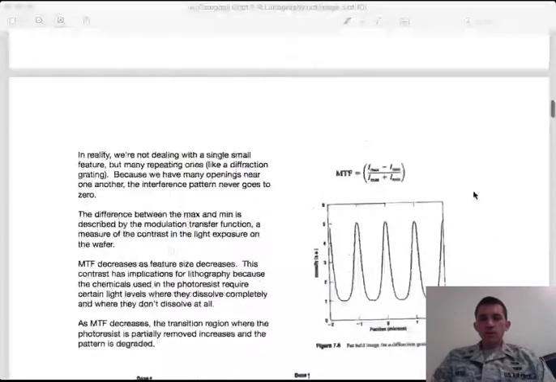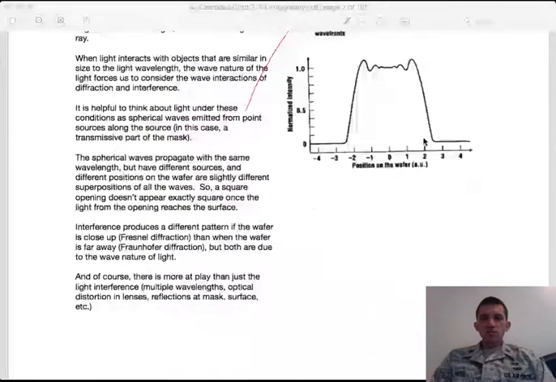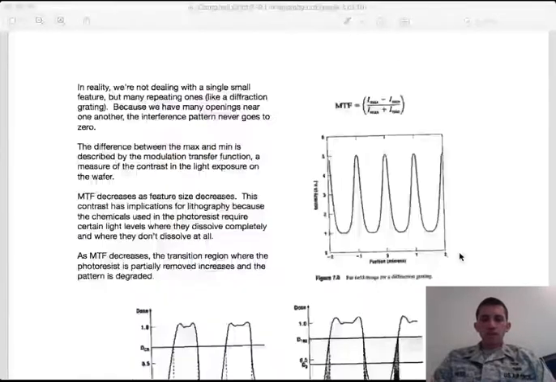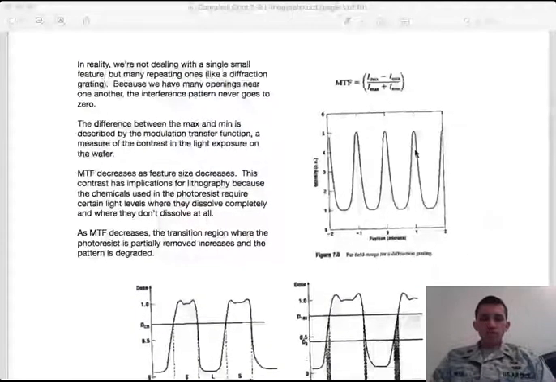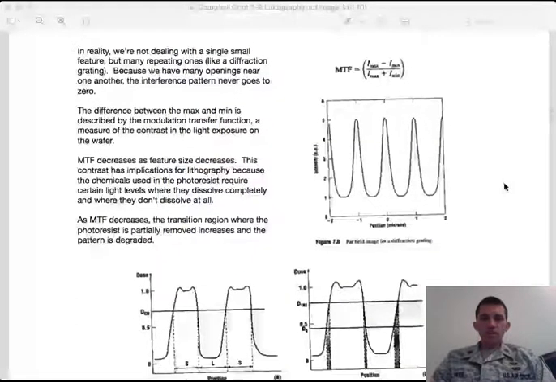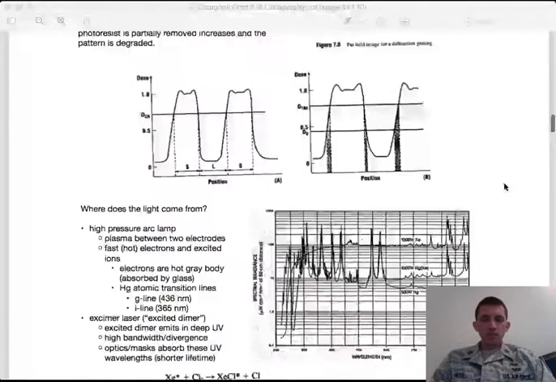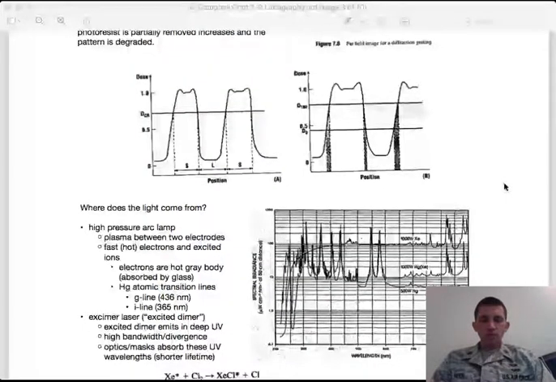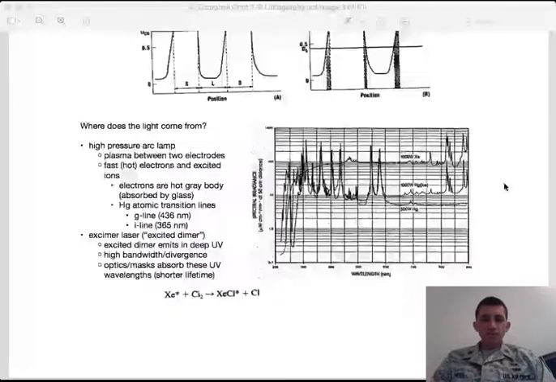And so you never actually go to zero because you start to get light from the adjacent opening. We'll revisit this because this maximum level and minimum level has implications for the sensitivity of the photoresist. There's a maximum and a minimum amount of light required for the photoresist reaction to occur.